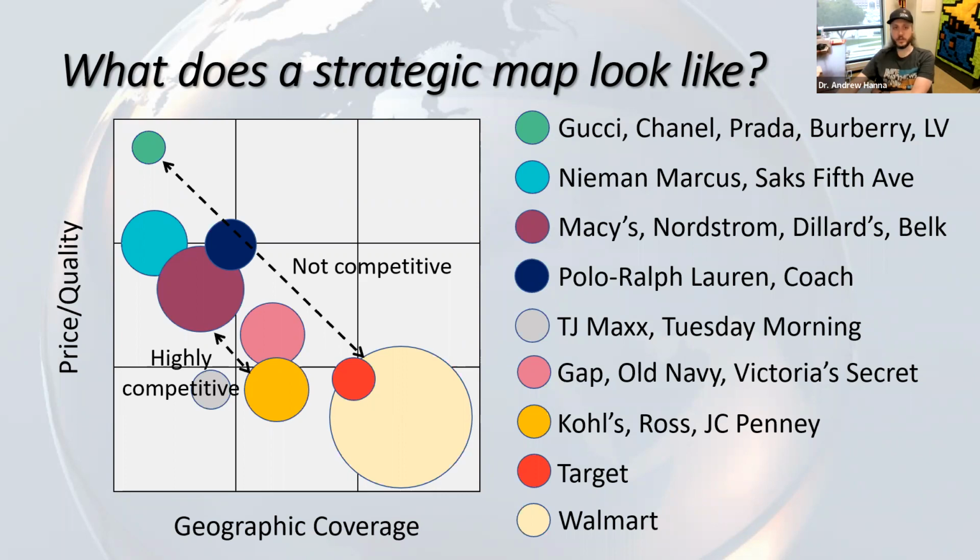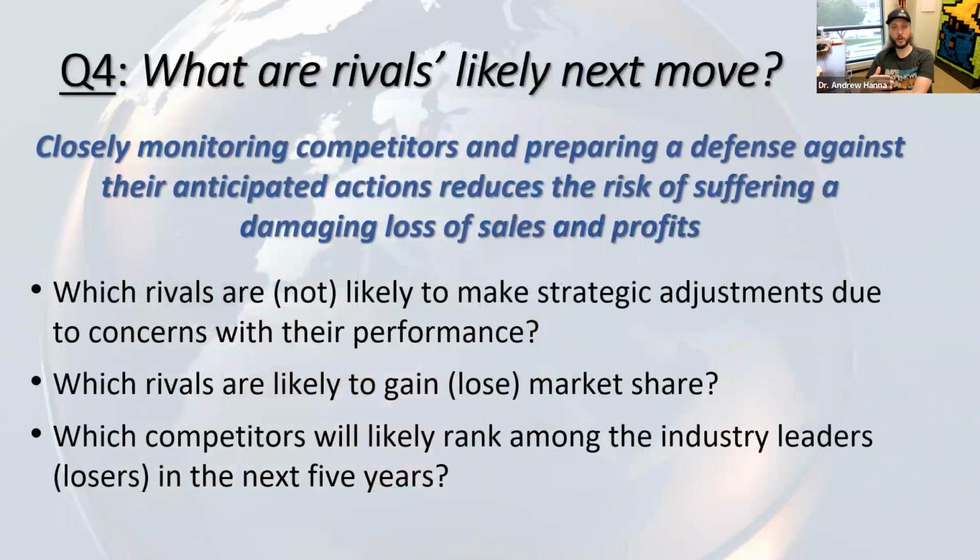By doing this, we can get a good idea about who our rivals are and pay attention to an important question that we like to pay attention to quite a lot when assessing our external environment: what's their likely next move, right? So we make sure that we closely monitor things like this about our competitors and we are adequately preparing our defensive front against it.